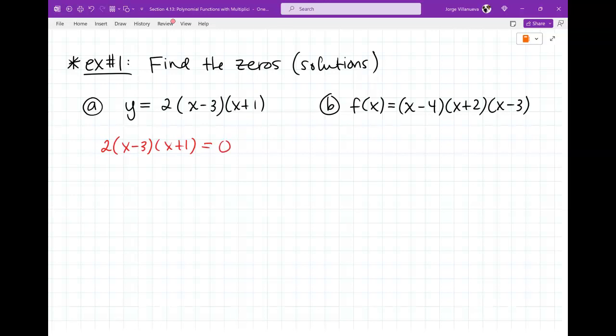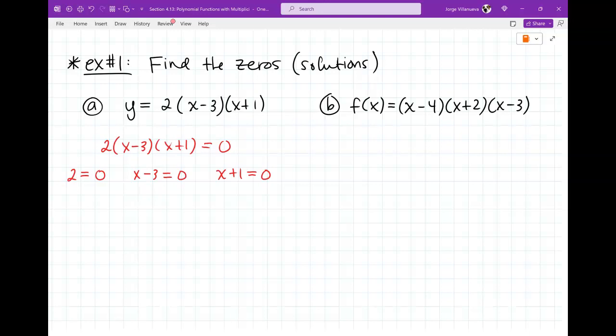This is how I set it up to find my zeros. Now, you guys remember the zero product property we did like a month ago or so, which basically says if you have stuff that's factored out and it's equal to 0, you can set each one of those things equal to 0. In other words, 2 is equal to 0, x minus 3 is equal to 0, x plus 1 is equal to 0.